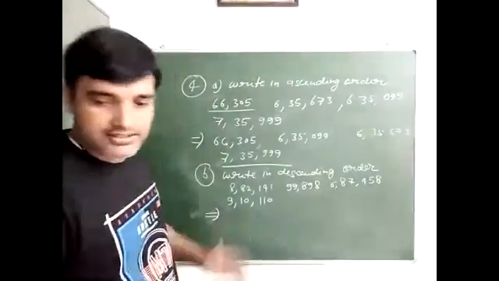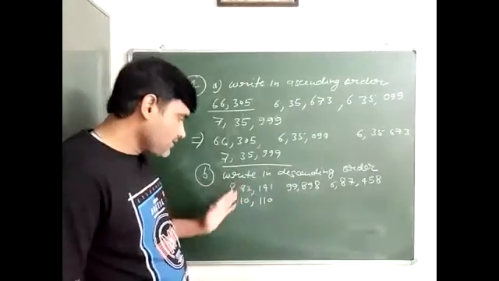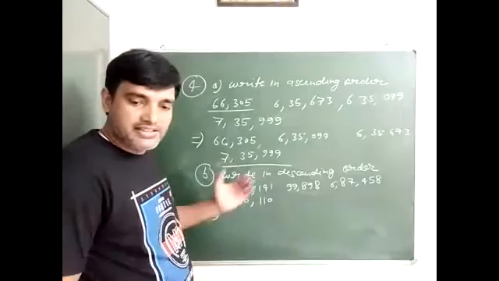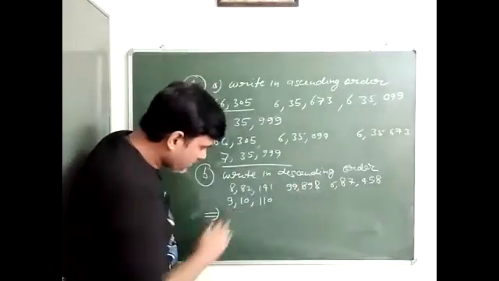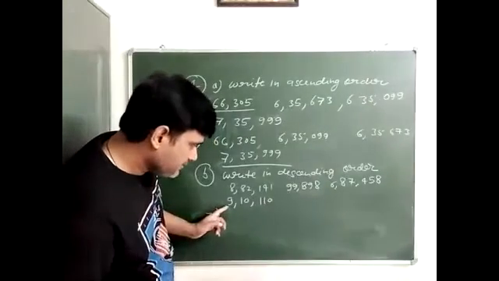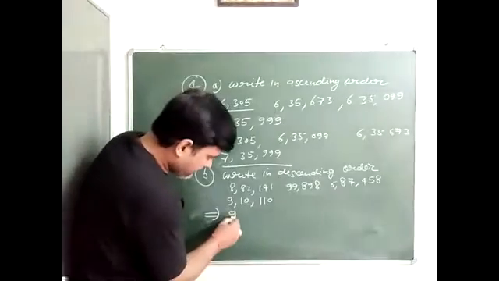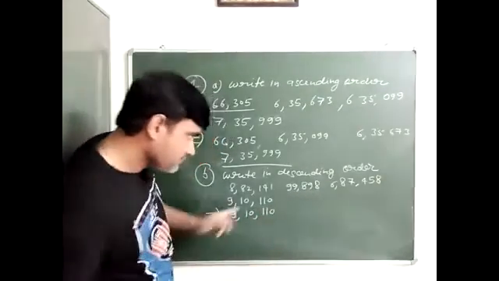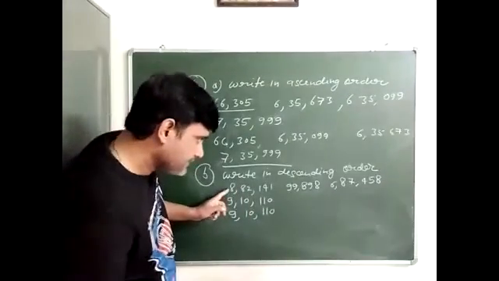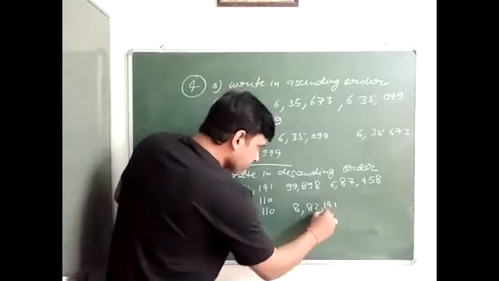In descending order, first we write the biggest number and in last the smallest number. Okay. Now here you see the biggest number 9,10,110. Then the smaller number 8,82,141.